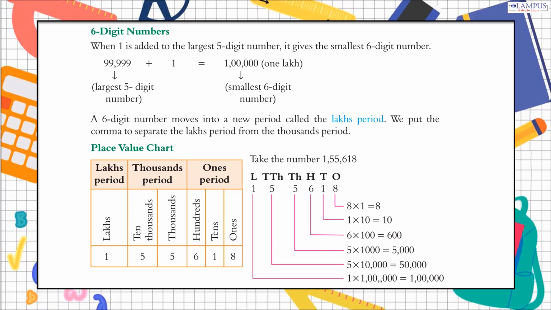Ones, 8, tens, 1, hundreds, 6, thousands, 5, 10,000s, 5, lakhs, 1. 8. 8 times 1 equals 8. 1. 1 times 10 equals 10. 6. 6 times 100 equals 600. 5. 5 times 1000 equals 5000. 5. 5 times 10,000 equals 50,000. 1. 1 times 100,000 equals 100,000.